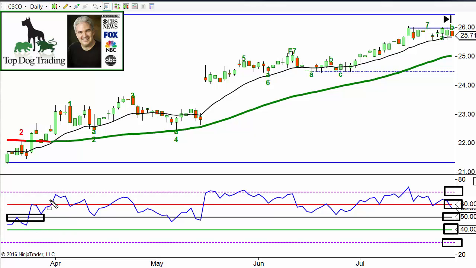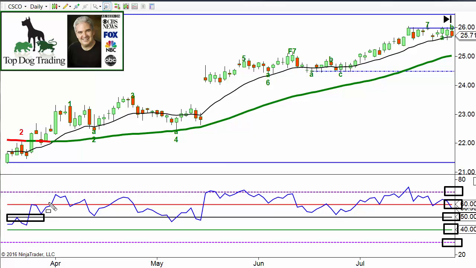Once we start getting into bullish territory, which would be above 50, then we are looking at relative strength. Remember, that's what RSI is, relative strength. It's considered a momentum indicator. We'll talk about that at the end. That's really not a good term for it, in my opinion.